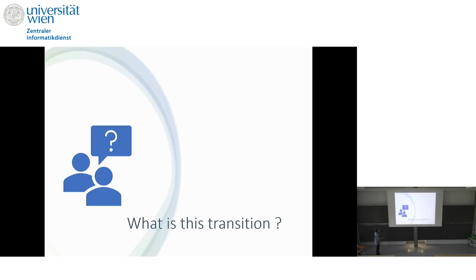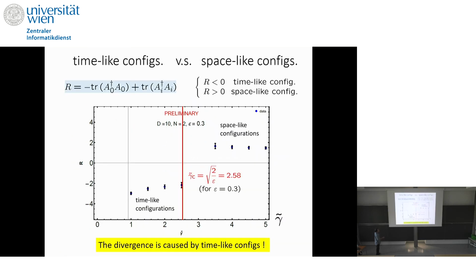Okay. So what is this transition? In fact, this is related to the fact that space-like and time-like configurations have different divergence behavior as we take epsilon going to 0. We can see that by calculating this quantity. When this quantity becomes negative, it means that you have time-like configurations, and when it is positive, it means they are space-like.